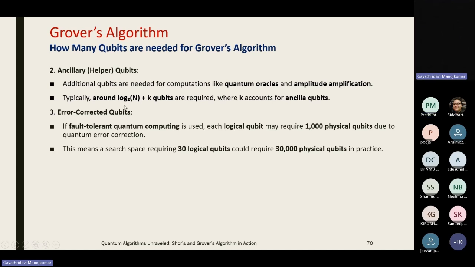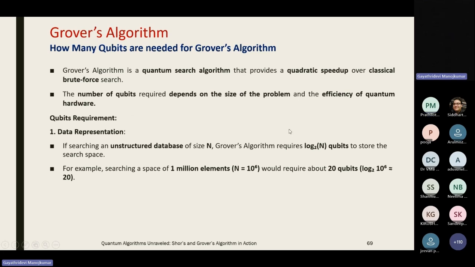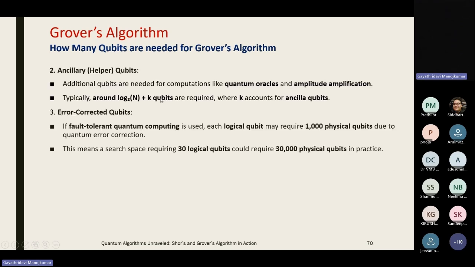This is typically around log base 2 of n plus k qubits, where k is the ancilla qubits. I have already said that you can compute Grover's algorithm with log base 2 of n qubits; along with that, you need to add k qubits for the ancillary. The next one is error correction.